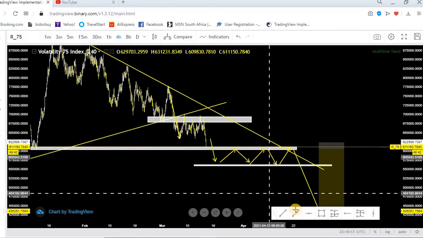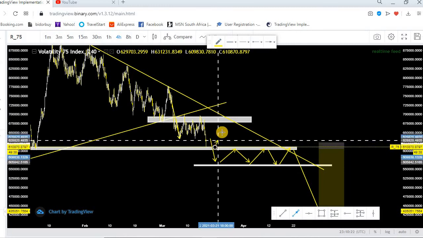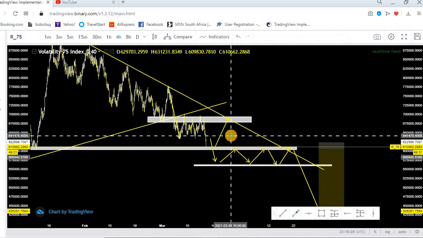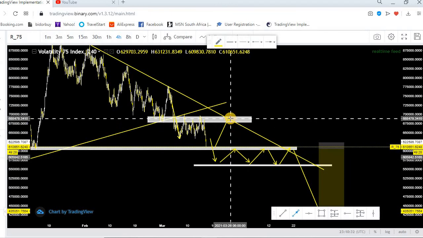But however, we are in a downtrend. If it happens that the market retraces from here up to this level of resistance again, we might look for another sell.